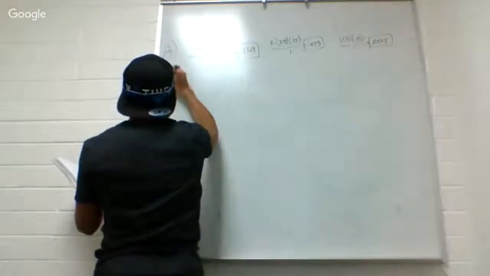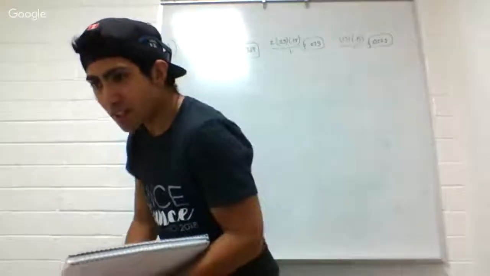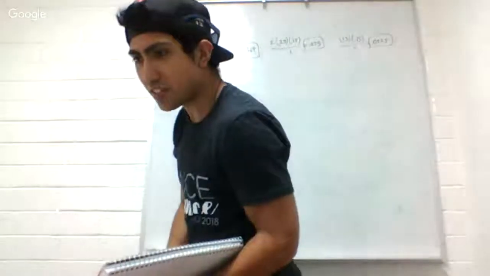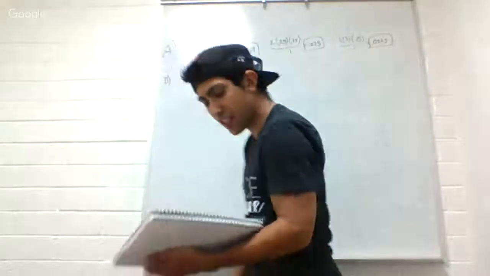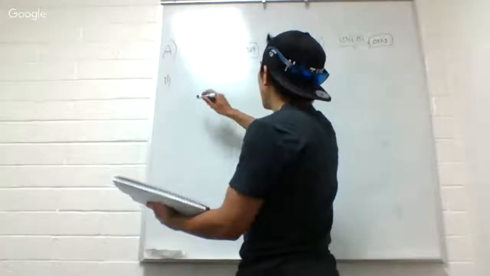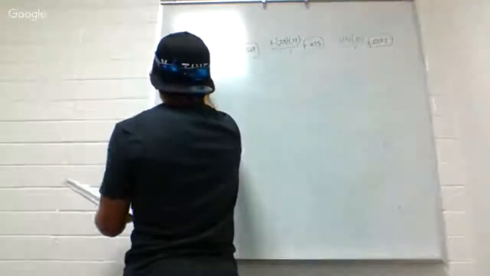Okay, B. Among the population of 2,000 dogs, how many would you expect to have the pale gray phenotype yet be heterozygous? This is pretty much the same thing as the situation right here. We're going to use the 2PQ again.